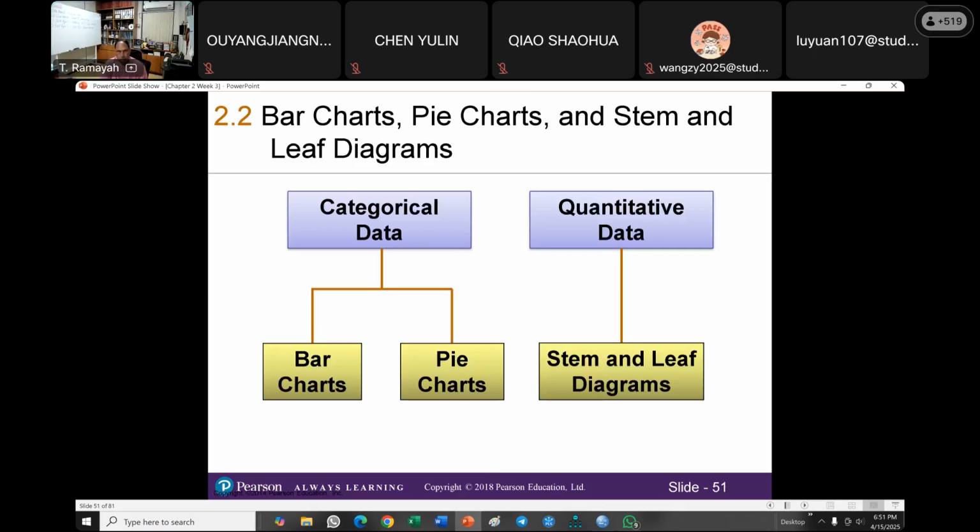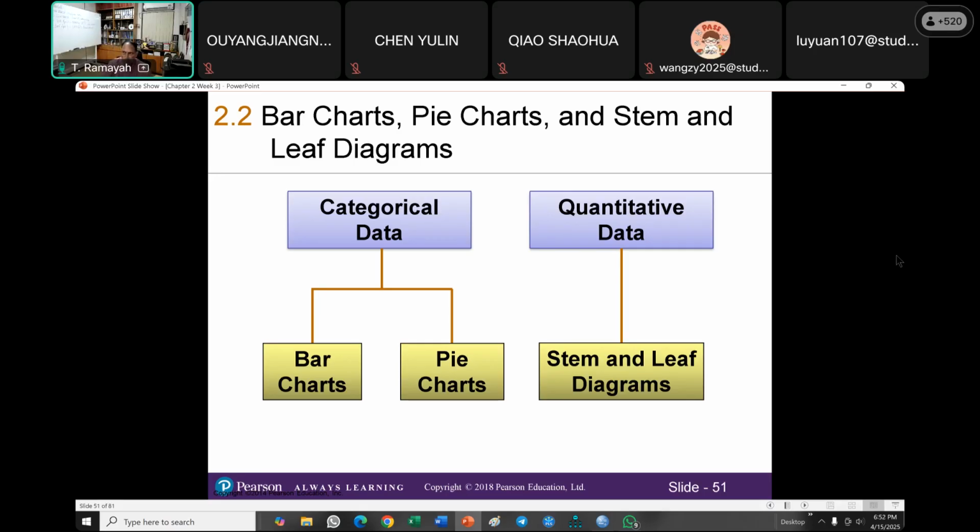Now, we have so far looked at some distribution and graphical display of tables. Next, we will move to charts. There are several charts that we can use to visualize our data. One of the charts is called a bar chart. The second one is called a pie chart.